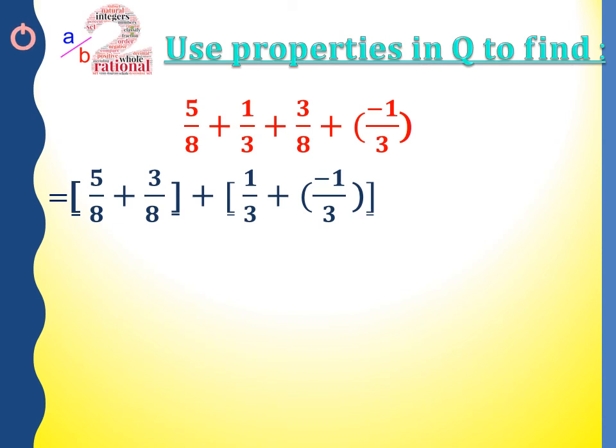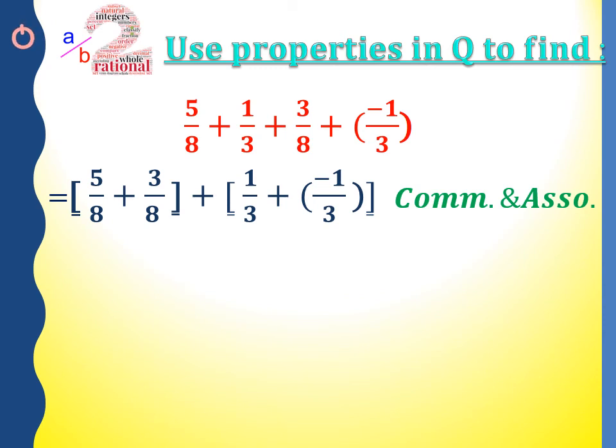First, I will put 5 over 8 beside 3 over 8, and a third plus negative a third, and I will write the name of the property I used in this part. I used the commutative property and associative property. Here I will write commutative and associative.